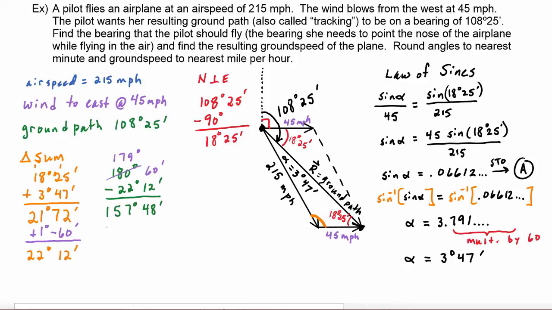And we bring down the 1. So now we know this angle in the triangle is 157 degrees, 48 minutes. Now we're going to be able to find the magnitude of the resulting ground speed.